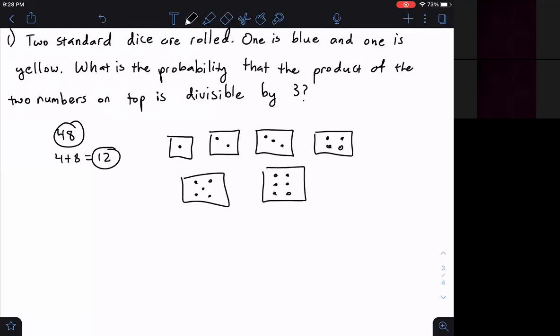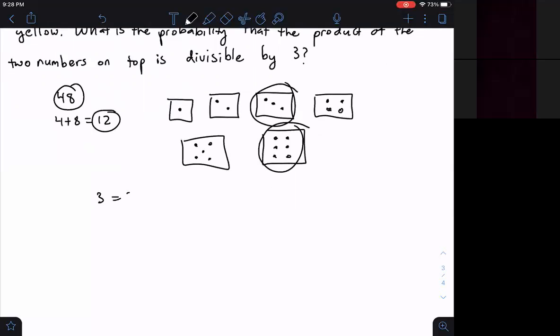So this is on a normal dice. Now, on this single dice, both 3 and 6 would be divisible by 3 because they have 3 as a factor. Because 3 is equal to 3 times 1, and 6 is equal to 3 times 2.